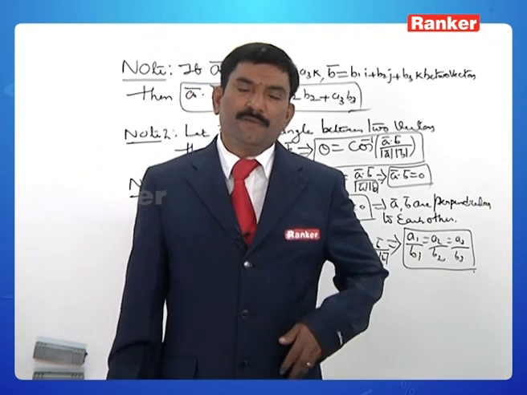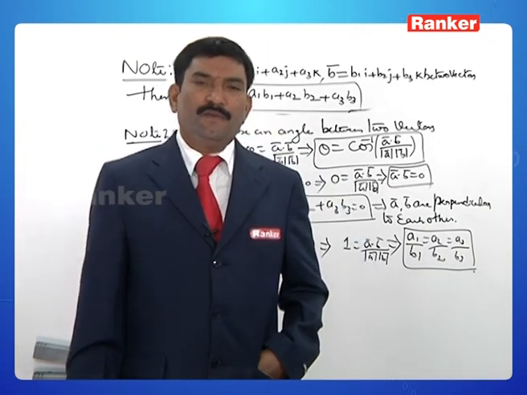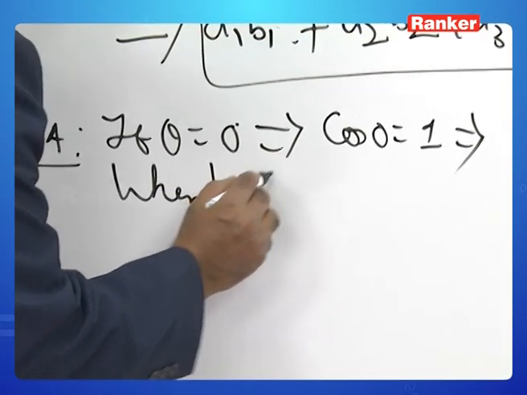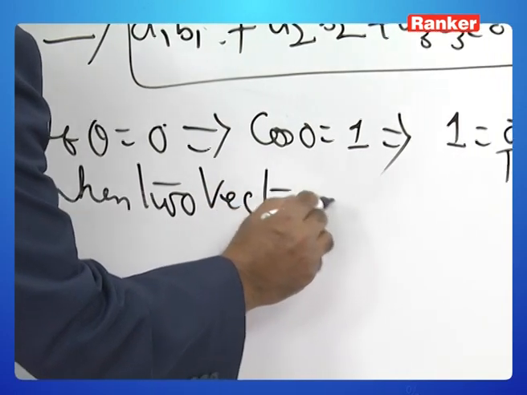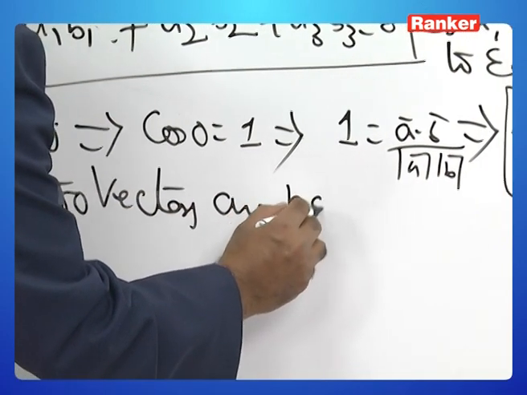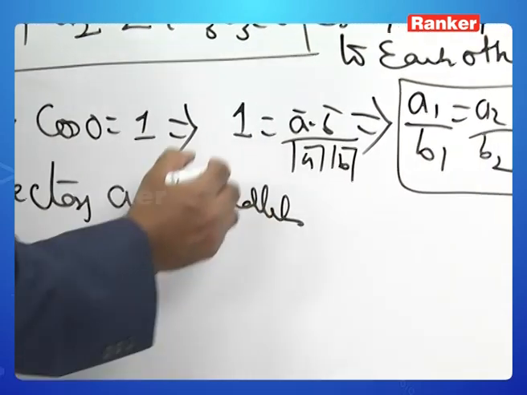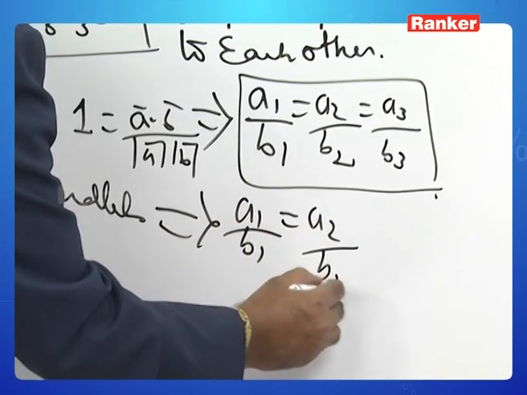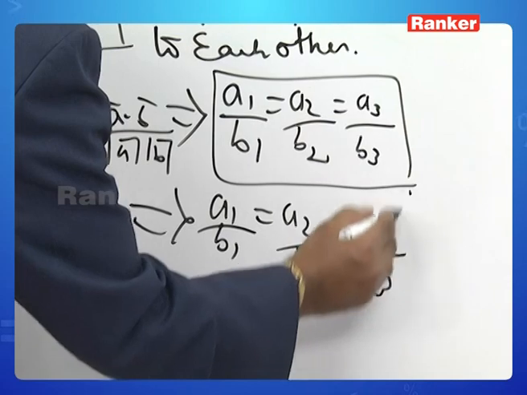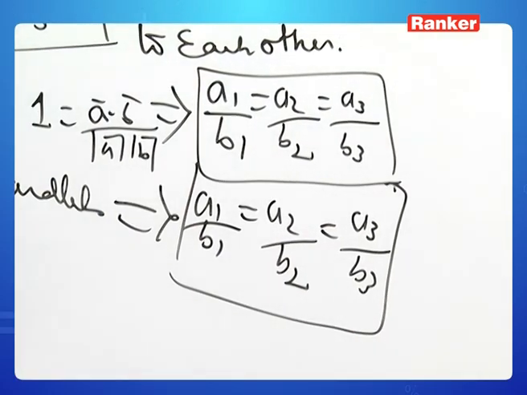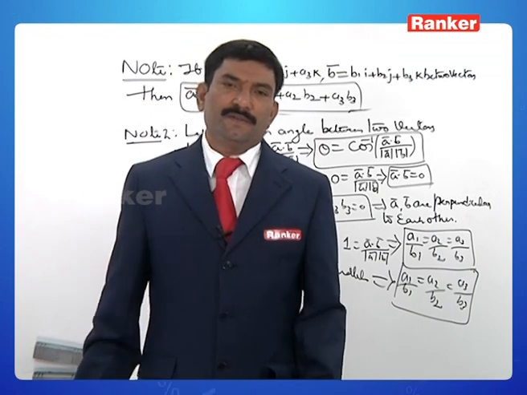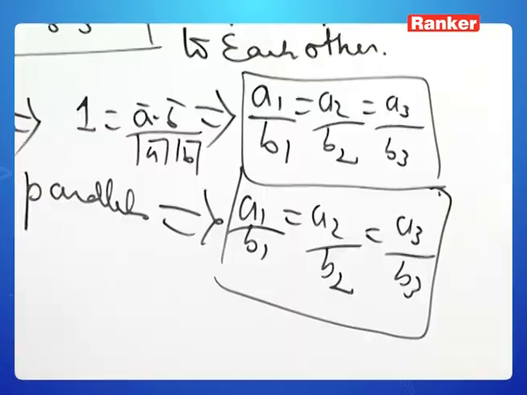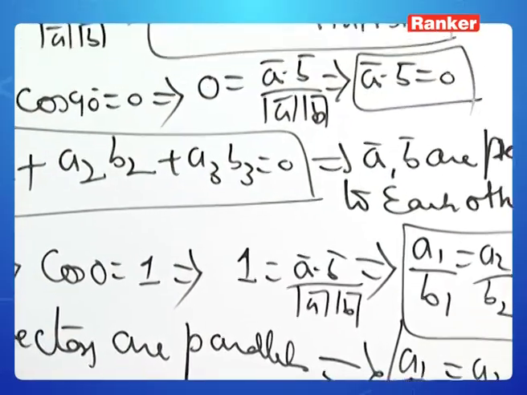Means when two vectors are parallel, A1 by B1 is equal to A2 by B2 is equal to A3 by B3. Followed?